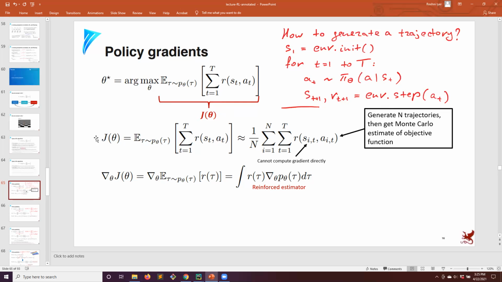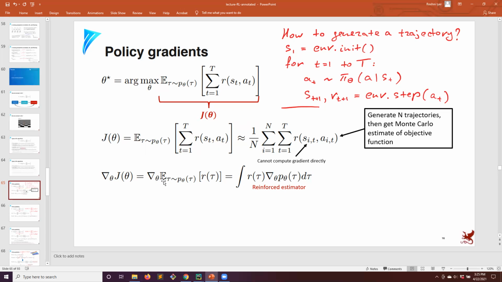Now, if we want to compute the gradient of this thing to optimize the objective function, one thing we note is we cannot do that here, because this doesn't really depend on theta, even though of course when we generate the trajectories, the policy is dependent on theta. So we rewrite this in a nice way.